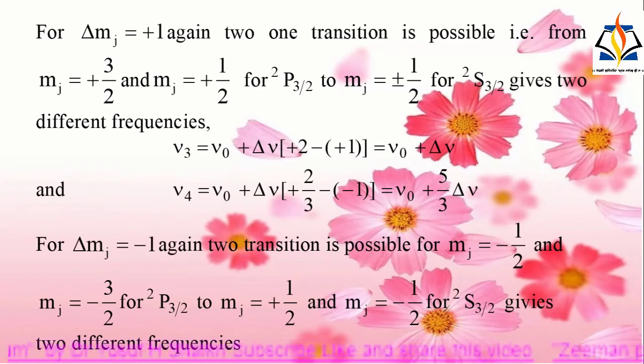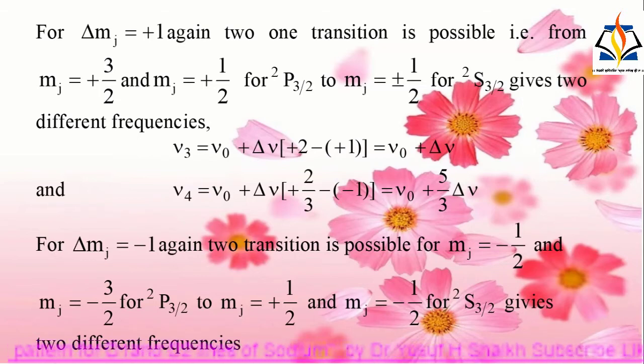Nu3 is equal to nu0 plus delta nu inside the bracket plus 2 minus plus 1 bracket complete, is equal to nu0 plus delta nu, and nu4 is equal to nu0 plus delta nu inside the bracket plus 2 upon 3 minus 1 bracket complete, is equal to nu0 plus 5 upon 3 delta nu.